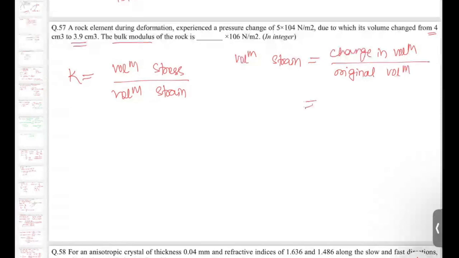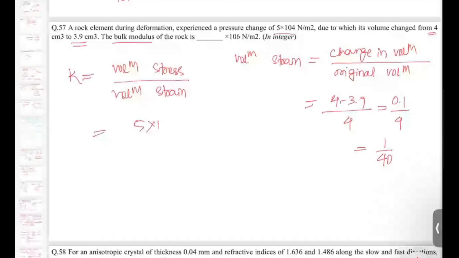ठीक है, तो चेंज इन वॉल्यूम कितना होगा 4 माइनस 3.9, ओरिजिनल वॉल्यूम 4, ठीक है, so it should be equal to 0.1 by 4. Okay, next, like this is 1 by 40, you can also write. And the volumetric stress, that is 5 into 10 to the power 4. So it should be 5 into 10 to the power 4 by 1 by 40.